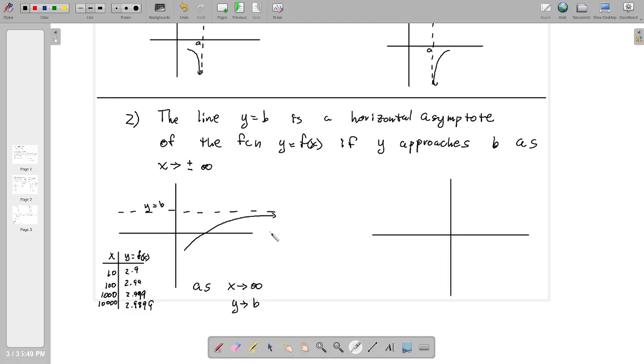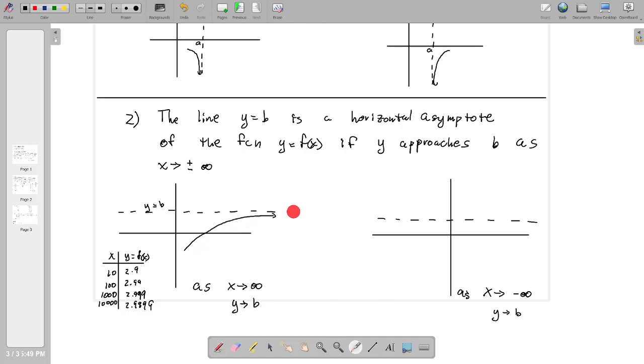It could be the top or the bottom. As long as it's approaching b, we would have a horizontal asymptote. Now, similarly, if we're looking as x approaches negative infinity, what is y doing? Well, y would be approaching b also, and we would have a horizontal asymptote in that case.